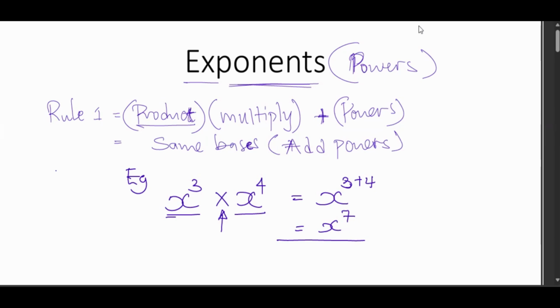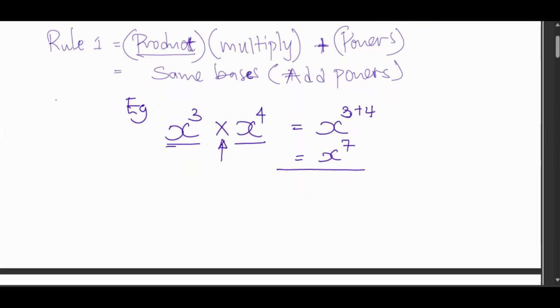Okay, another example for rule number 1. It could be 2y to the power 2, multiplied by 3y to the power 4. We are looking at product. Guess what's going to happen?